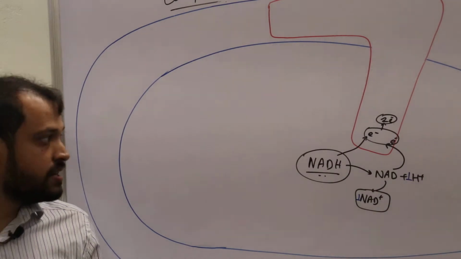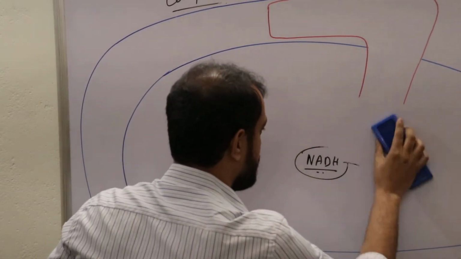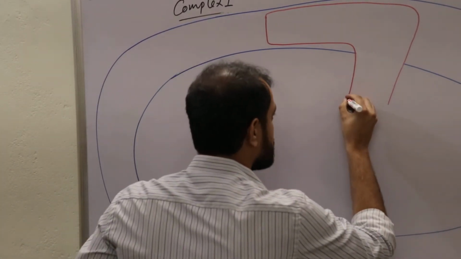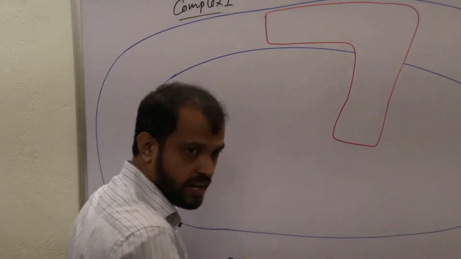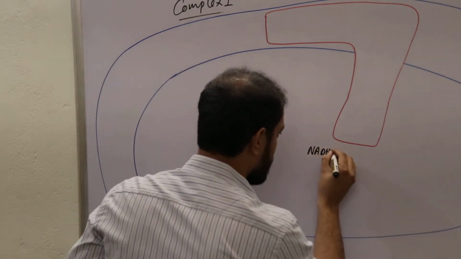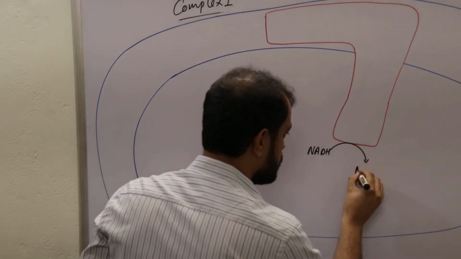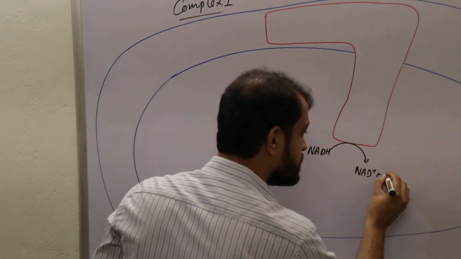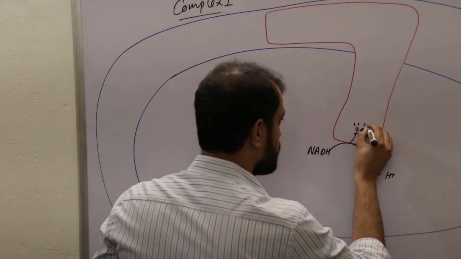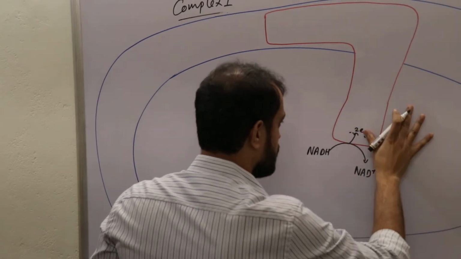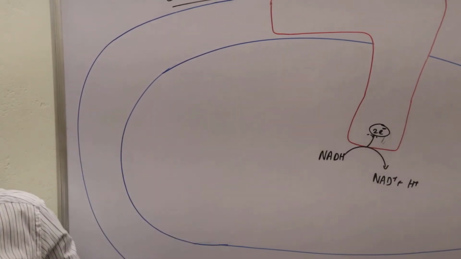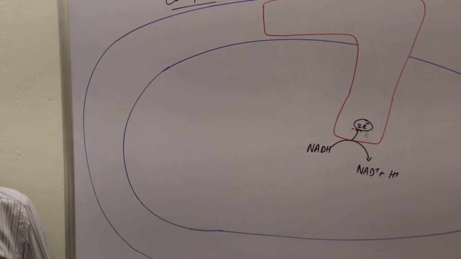To put it simply, whenever this particular protein is loaded with electrons, NADH is converted into NAD plus and H plus, and 2 electrons are loaded onto complex 1.